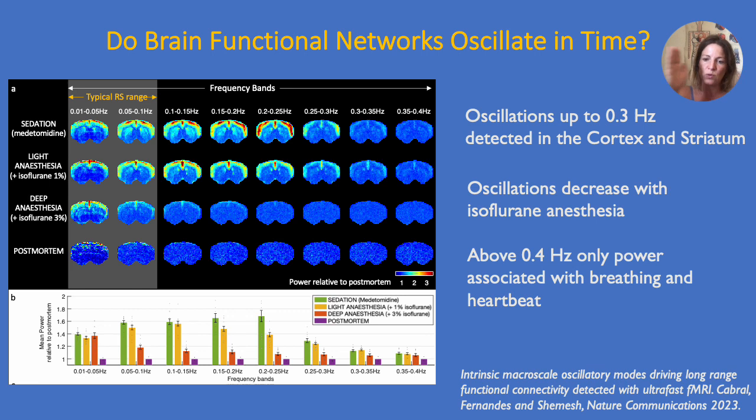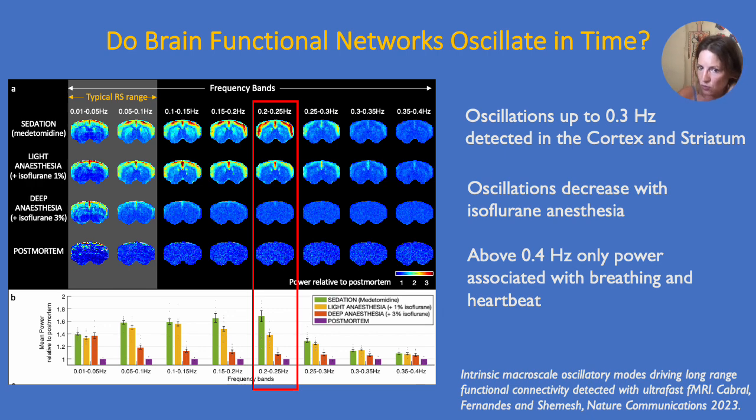Here we wanted to explore the whole range of frequencies, so we analyzed up to the Nyquist frequency, which was close to 13 hertz, but we found that above 0.4 hertz, only power associated with breathing and heartbeat was detected. So the range of frequencies that really showed the most significant differences across the 3 conditions was between 0.2 and 0.25 hertz.